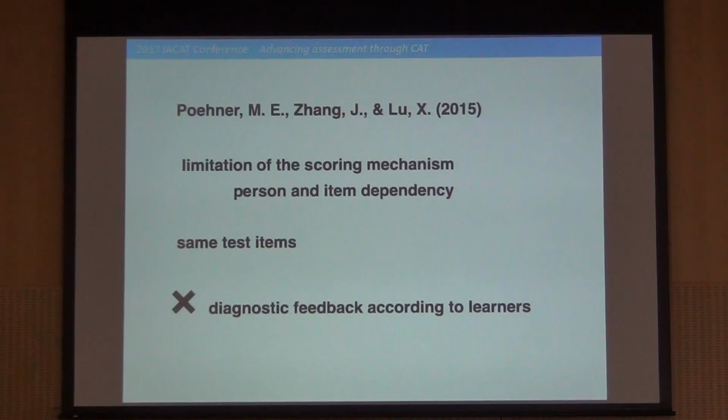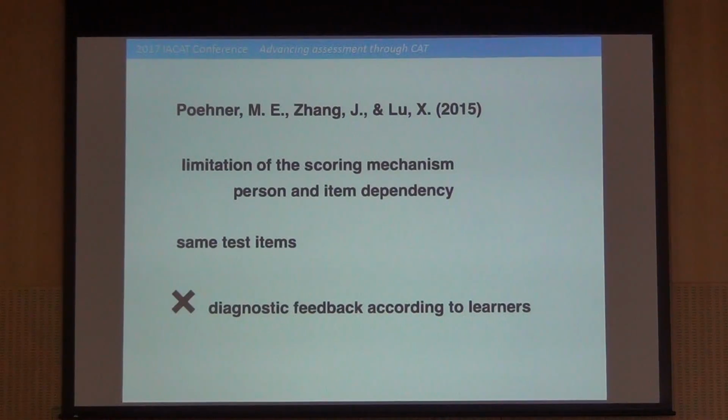Although the system and scoring mechanism developed by Poehner et al. were quite practical and sophisticated, since it stands on classical test theory, it has several limitations. First, person and item dependency was recognized.